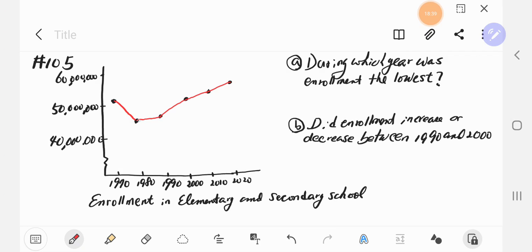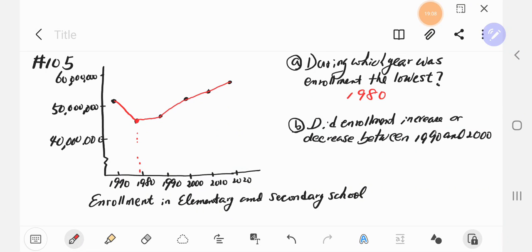As you see, this looks like the smallest number. This point contains the smallest enrollment. So the answer is 1980. So the year 1980 has the lowest enrollment.